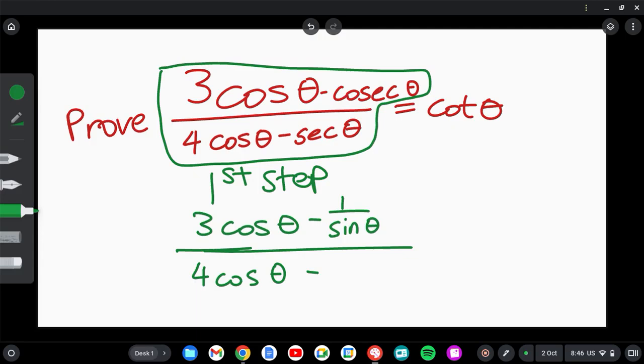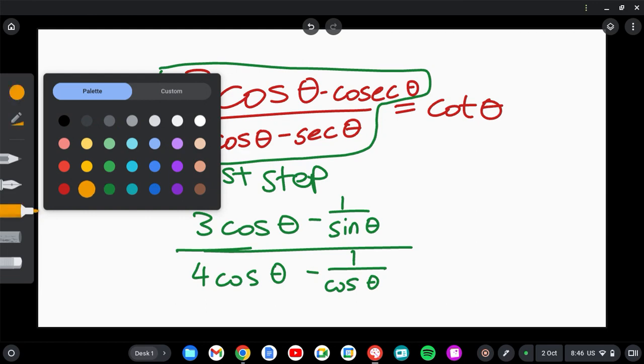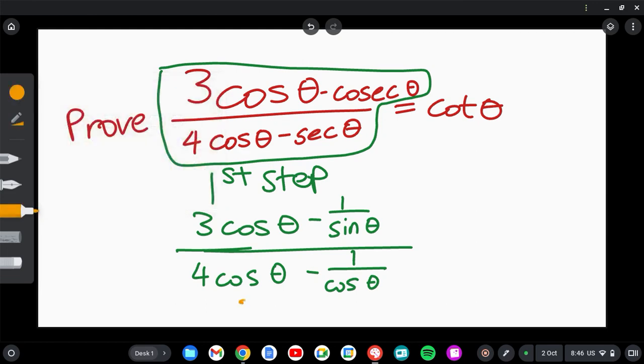You also need to memorize this one. We already know that secant is 1 over cosine theta. This is your second step. If you also cannot do the second step, then I don't know where you're going.